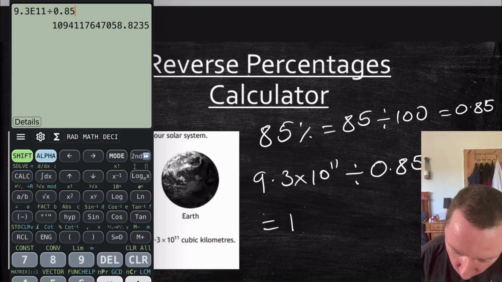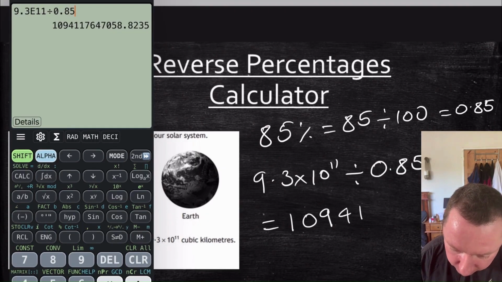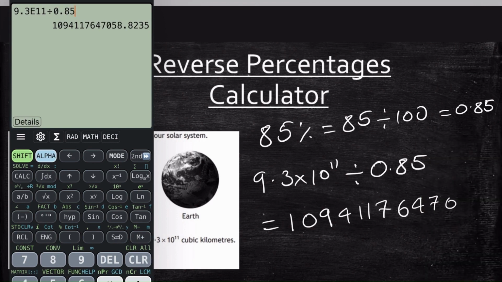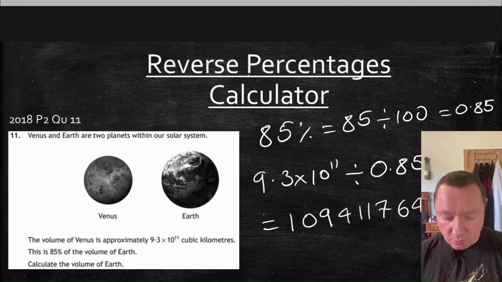So we've got 109,411,76,470,58.82 cubic kilometres.